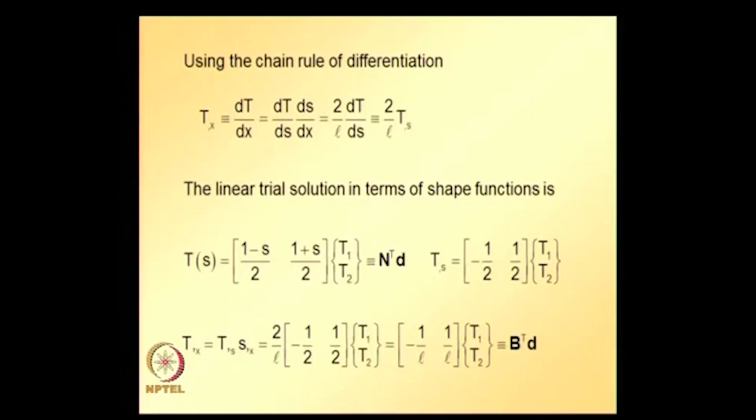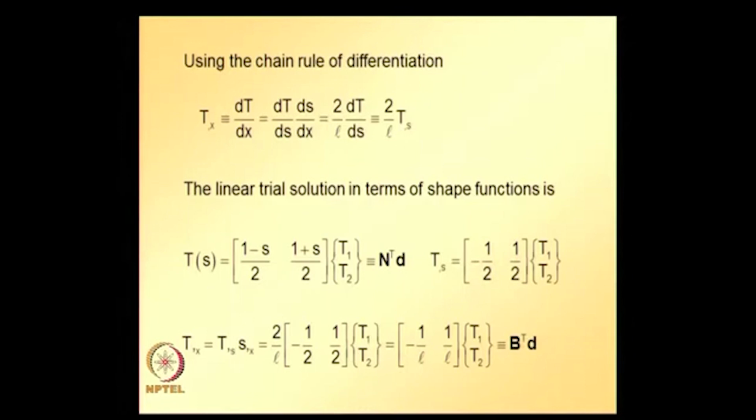So we have the field variable approximation in terms of nodal values and shape functions, and also the derivative of the field variable with respect to x in terms of derivatives of finite element shape functions and the nodal values.